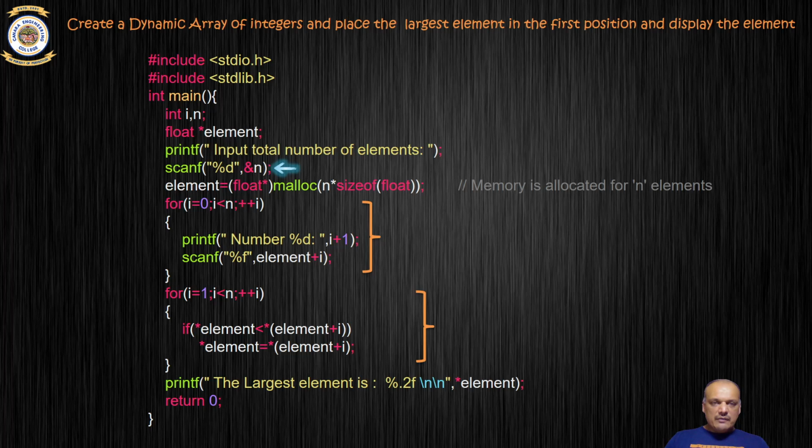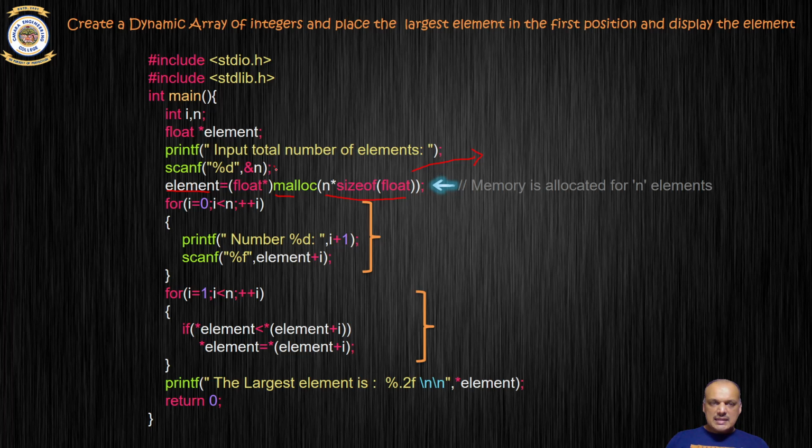Having got the information from the user about the number of variables this array has, I do my memory allocation in the heap. How do I do it? I do it dynamically using the malloc function. If you look into the syntax of this malloc function, it takes one parameter, and the parameter is the amount of memory that needs to be allocated and pointed to by the pointer element.